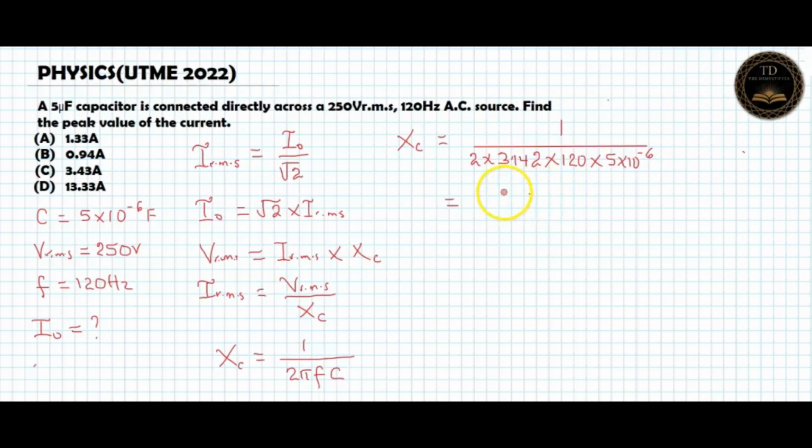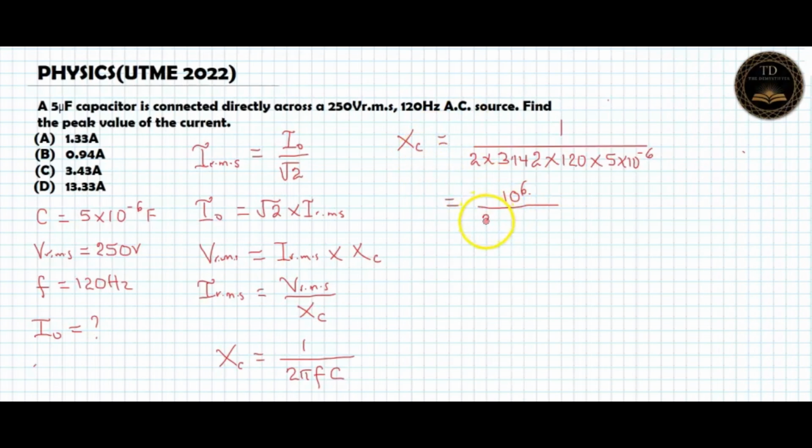So that's basically writing this as 10 raised to the power 6 over 2 times 3.142 times 120 times 5, which is equal to 3770.4.